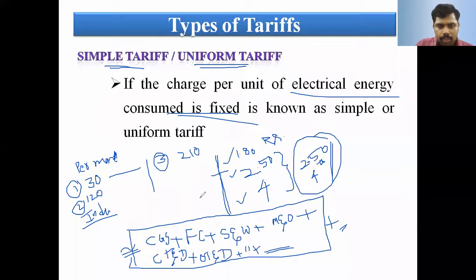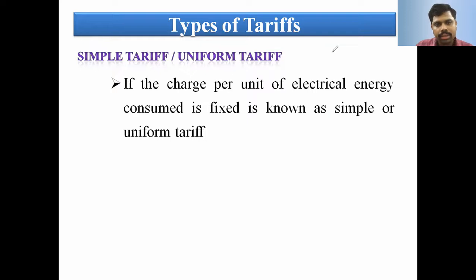Here the bulk consumers, the big consumers, benefit in this simple tariff, but the small consumers are not benefited, because they utilize a huge amount of electricity but they are paying less. Due to that the electricity board is the loser. This simple type of tariff is applicable only for the small consumers.